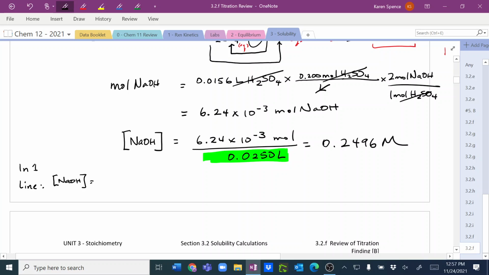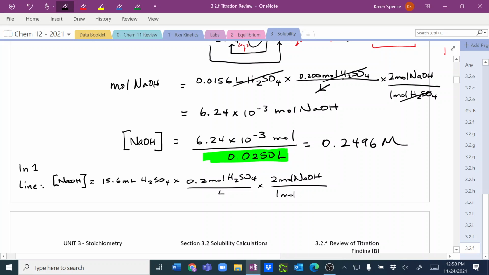So we have 15.6 milliliters of H2SO4 times 0.2 moles of H2SO4 per liter times 2 moles NaOH per 1 mole of H2SO4.